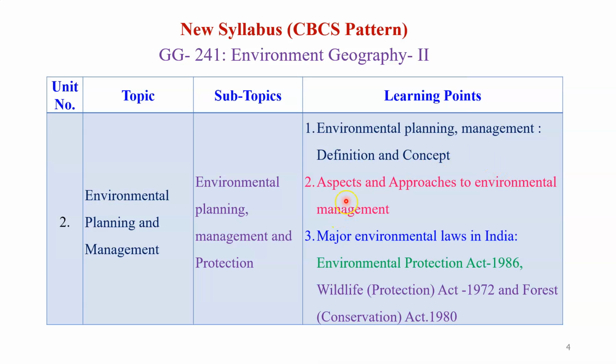The second learning point we have is aspects and approaches to environmental management. Dear student, some aspects that are useful to environmental management are environmental protection and public awareness, resource management, and environmental education and study. Such types of aspects and approaches we are going to discuss here in our second learning point.